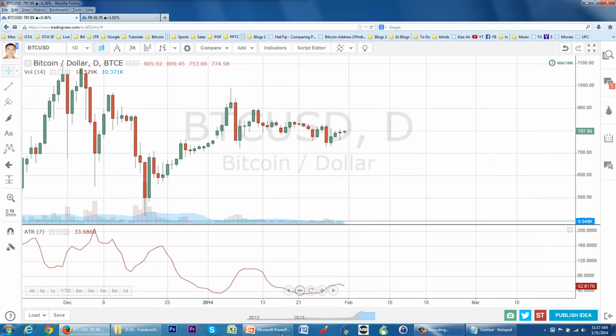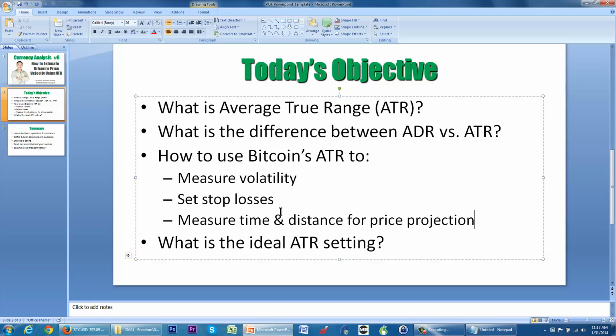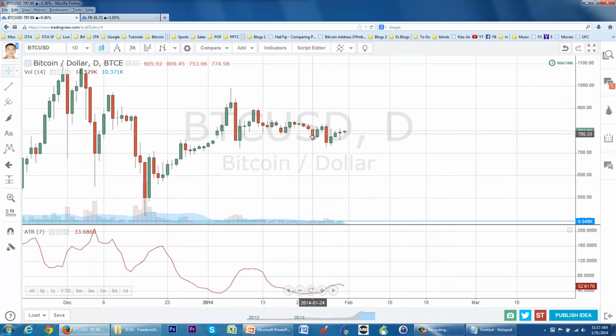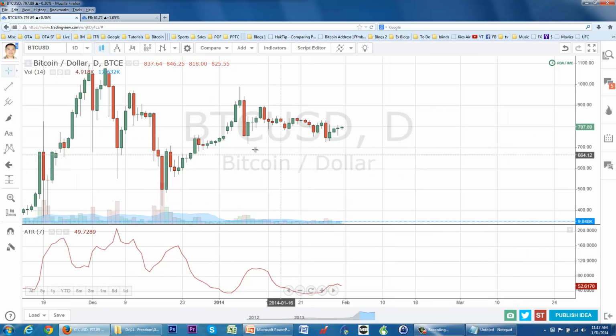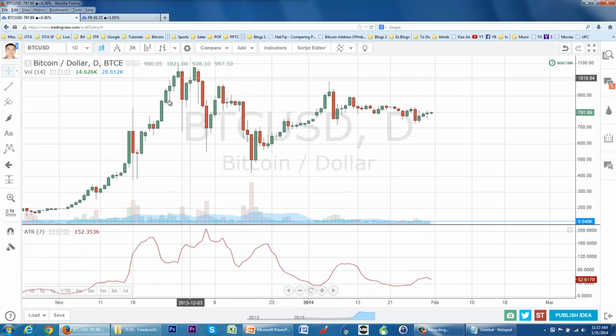Okay, well, first of all, the first thing that it does is it helps us measure volatility. So if we look at the price of Bitcoin right now, we can say that it was less volatile than it was during the last half of October and November and December.